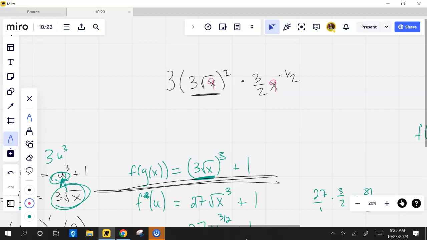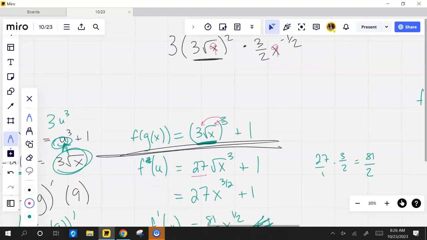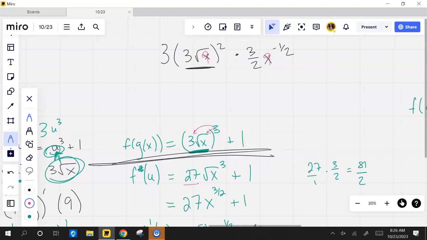Instead of doing that, I saw it to be easier to say, well, since I'm multiplying, I'm going to do this. 3 to the third power is 27, and the square root of x cubed is x to the 3 over 2. I just did the work on the front end instead of the back end. They did the work on the back end. That's the only difference. Does that make sense? I didn't realize that one was so tough. That y'all had such a tough time with that one.